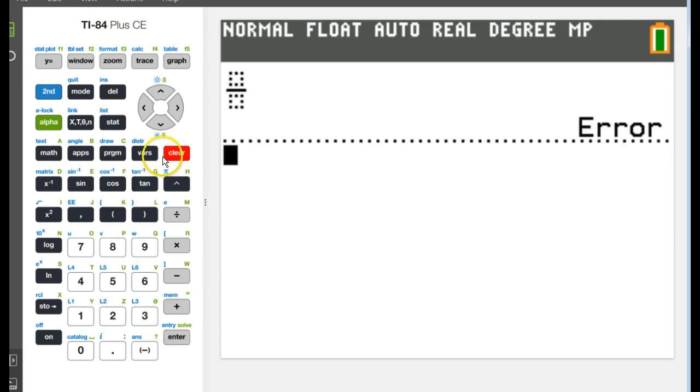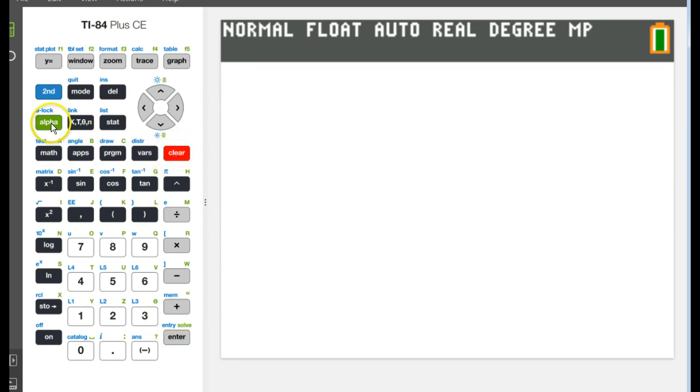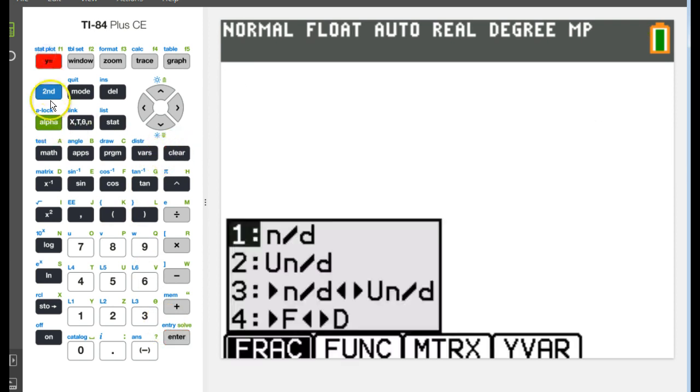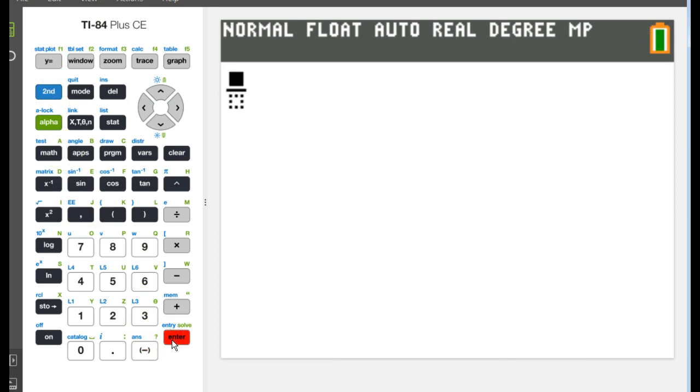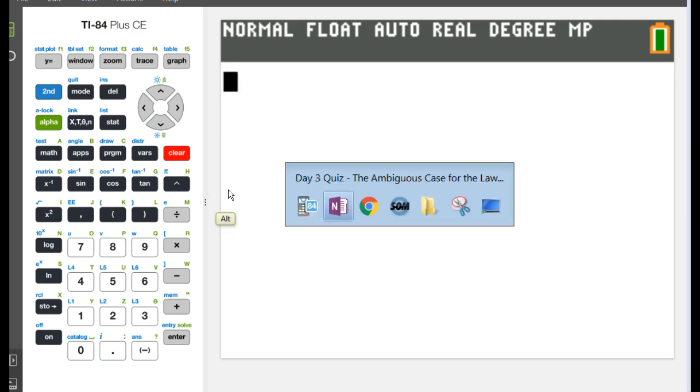However, just in case your calculator is not up to date, it might not work, so I'm going to show you the old school way right now.